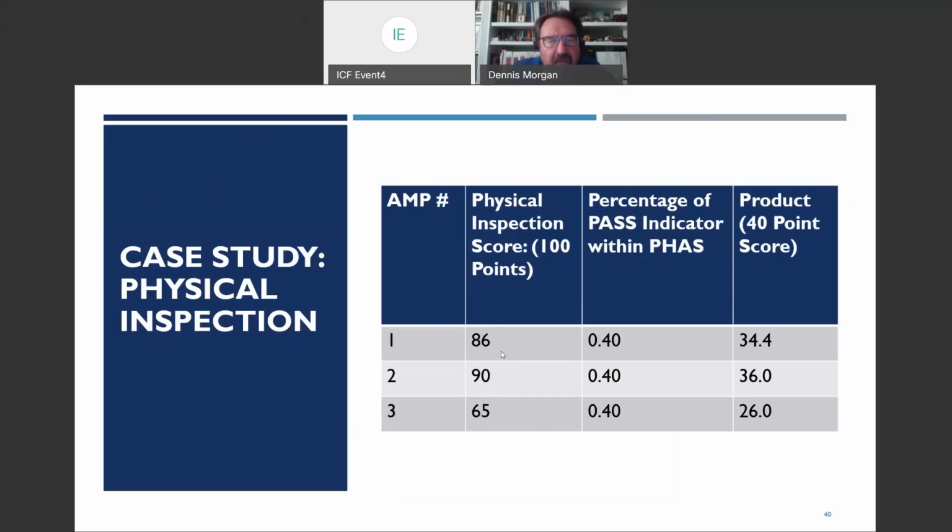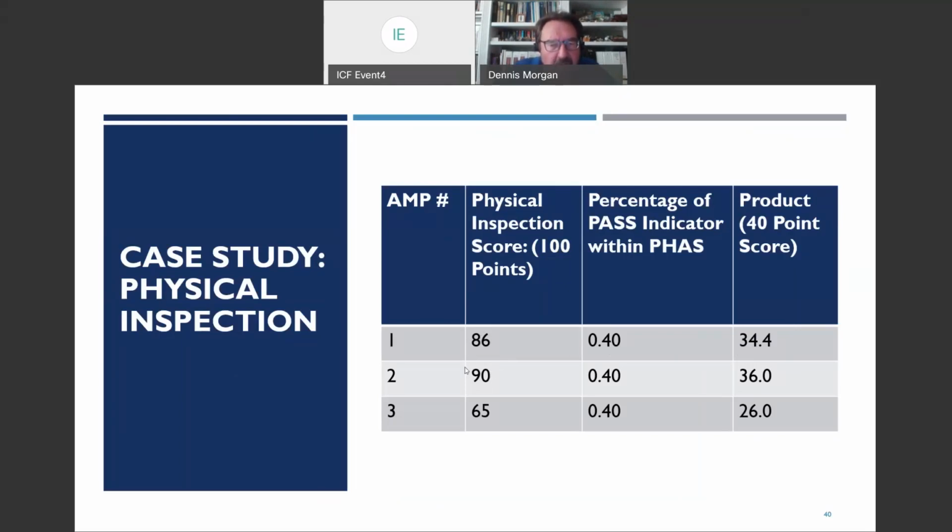So here I have my score, and my score says on this property, AMP number 1, I scored an 86. I now multiply that times 0.40, so on that property in a 40-point system, it's 34.4. What is that also telling me? Well, on an 86 property, if I was a large PHA, then that AMP would be inspected every 2 years, unless I was troubled or unless I was cap troubled.